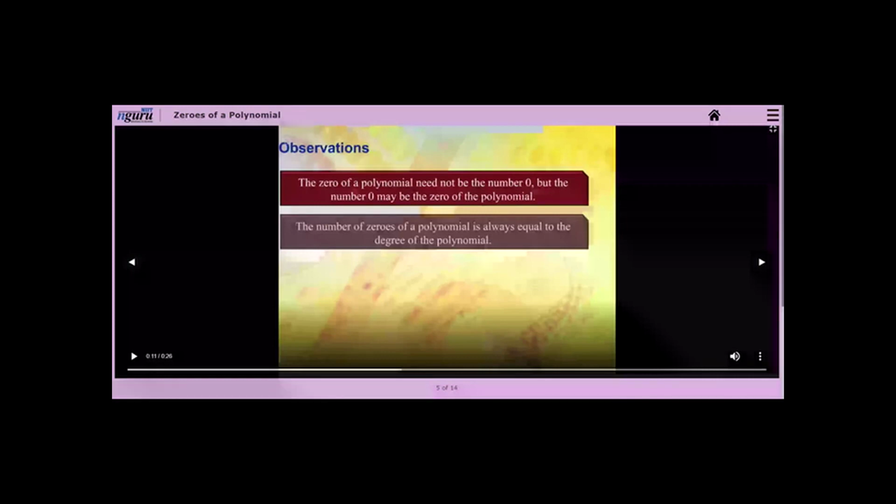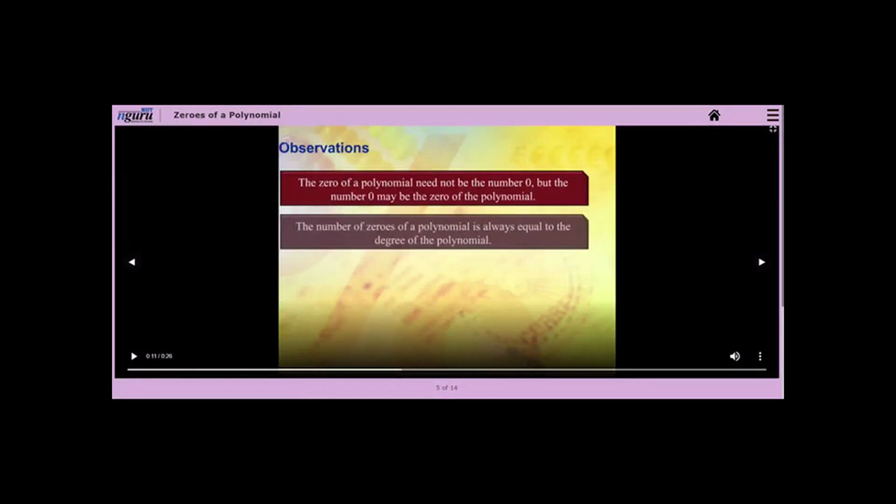Zero of a polynomial does not mean 0. It is that number which when we substitute for the variable, we get the value as 0. Correct? Yes, ma'am.